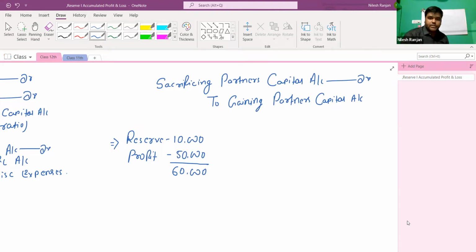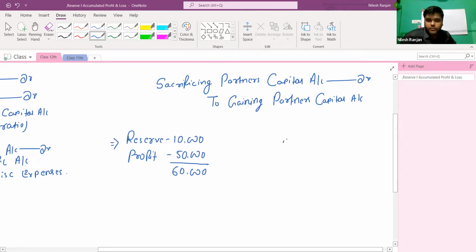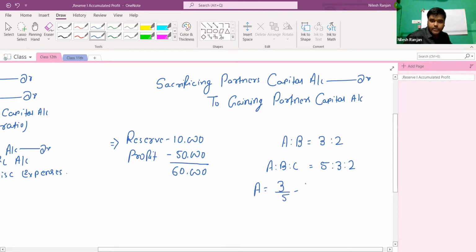So like, if the old ratio of A and B is 3 is to 2, and the new ratio of A, B, and C is 5 is to 3 is to 2, we have to calculate the sacrificing ratio like this: A equals 3 by 5 minus 5 by 10. B will be 2 by 5 minus 3 by 10.